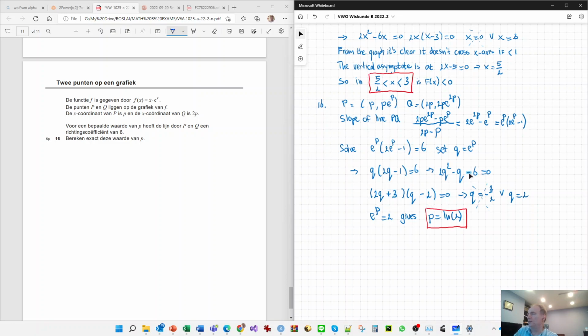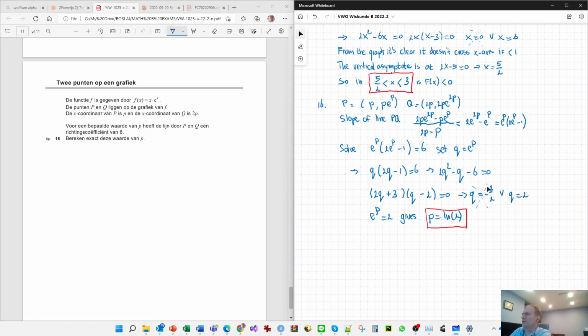Obviously you will try all kinds of factors of 6, right? You try 1 and 6, or actually minus 1 and 6, or 6 and minus 1, and so on. I guess you can also put it in your graphic calculator and then write down the factors. I think that is okay.